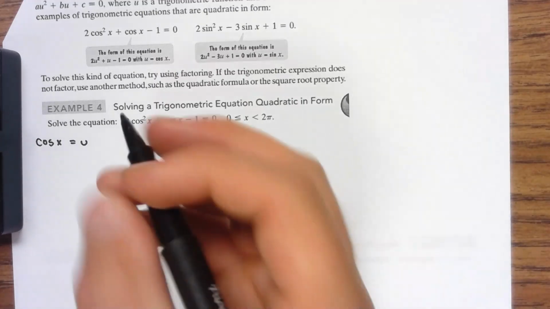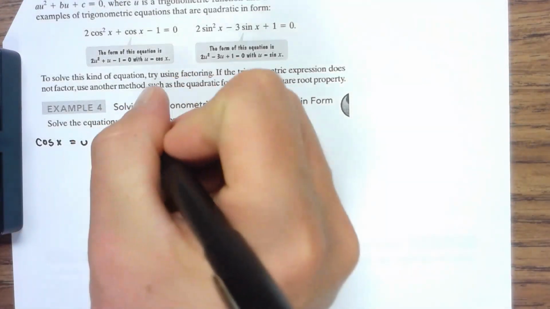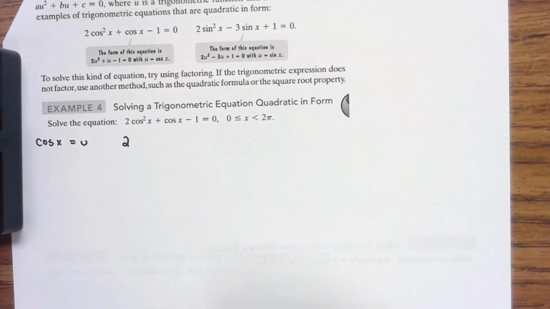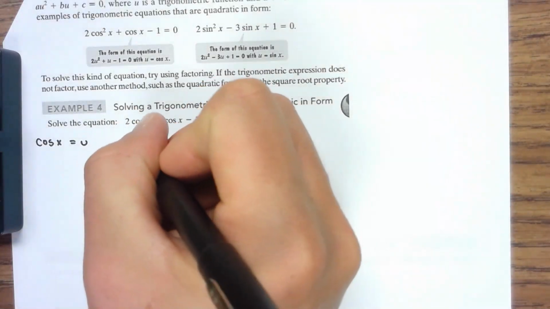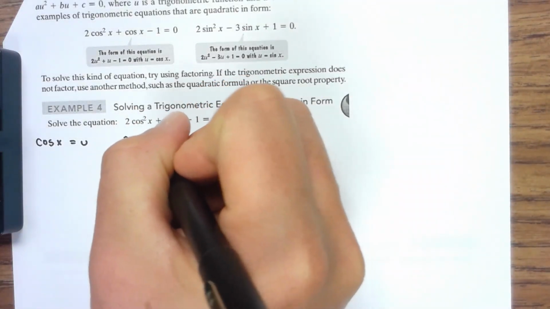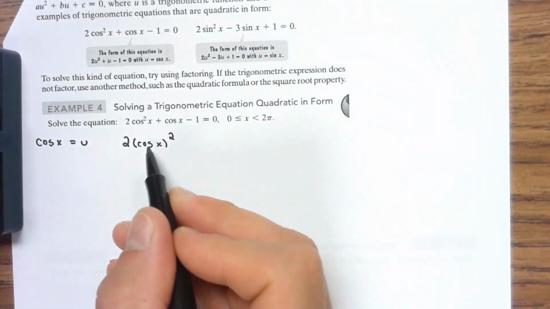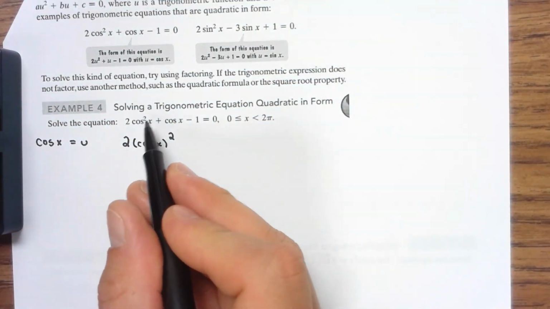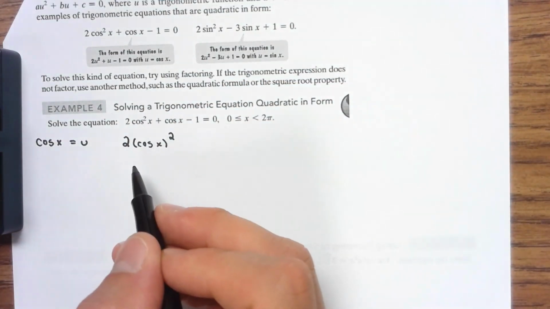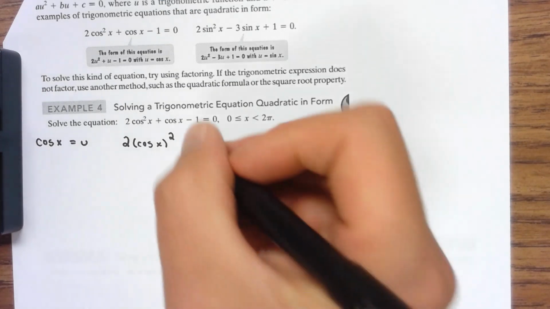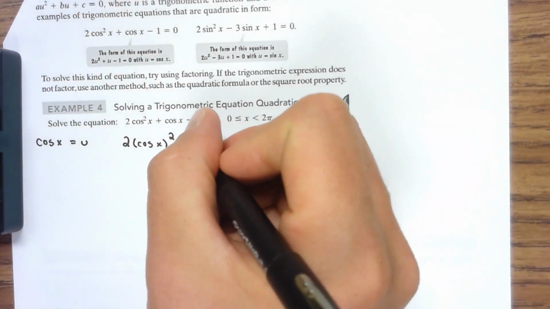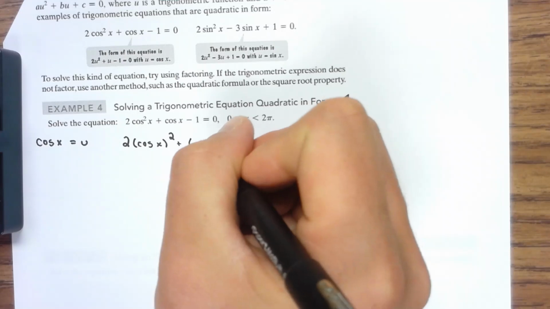Now, I want to give a quick reminder. We've seen this cosine squared with some of the identities. Remember that actually means cosine of x, squared. That is the same thing as where the squared is written right after the cosine. So know that those are the same thing, and hopefully that helps us see this substitution a little bit easier.